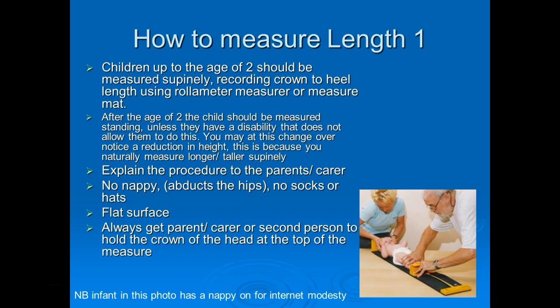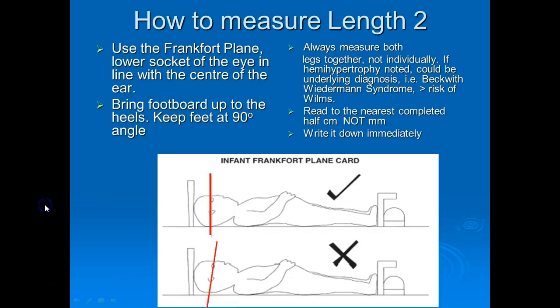to hold the crown of the head at the top of the measurer as you bring the heels down to the plate for accurate measuring. This is a nice side photograph that shows you something called the Frankfurt plane, and it's about keeping the lower socket of the eye in line with the centre of the ear, and therefore you're measuring the absolute top of the head.